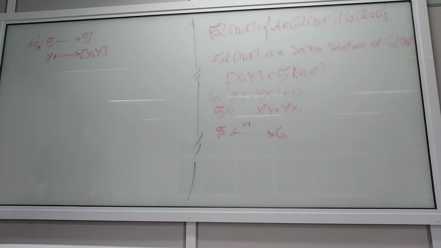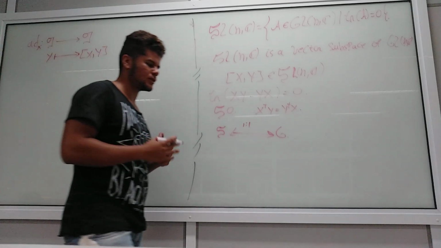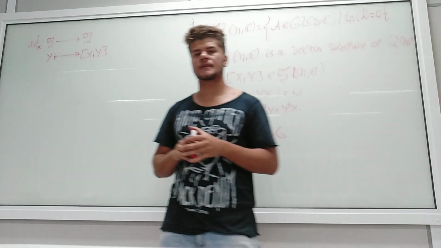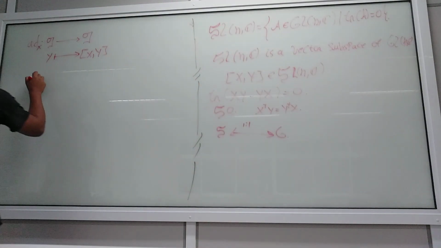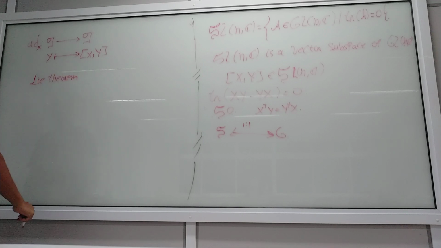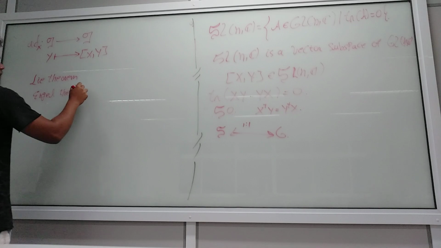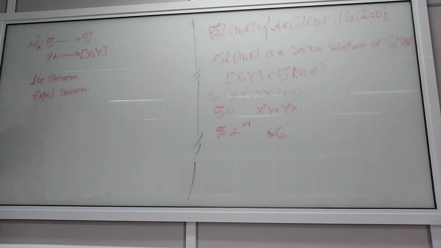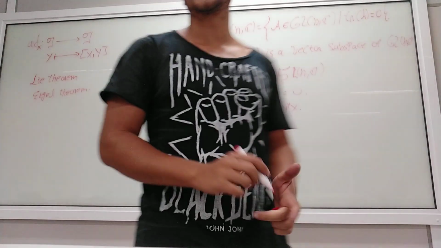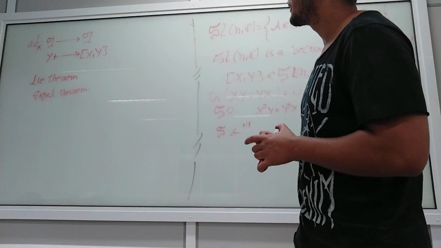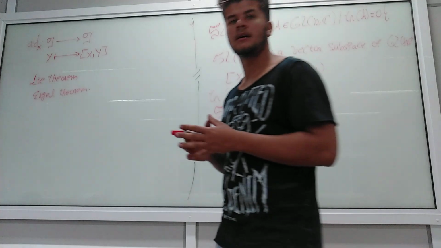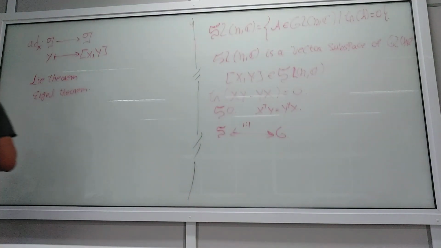And this adjoint transformation leads us to some beautiful theorems like Lie's theorem and, evidently, Engel's theorem, which help us to study some elements in the Lie algebra called nilpotent elements.